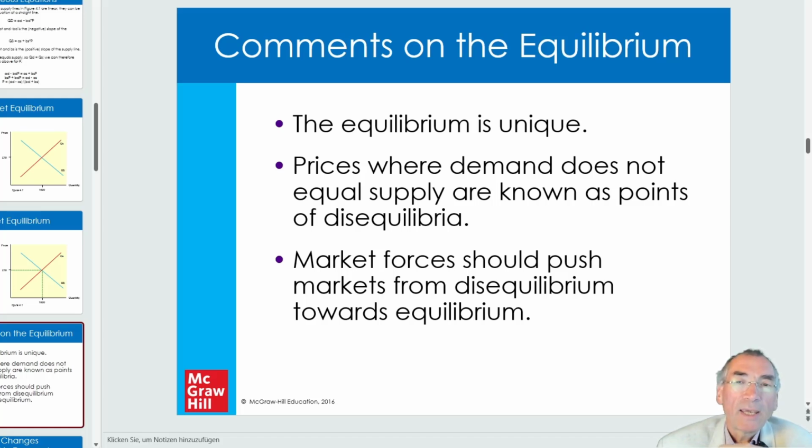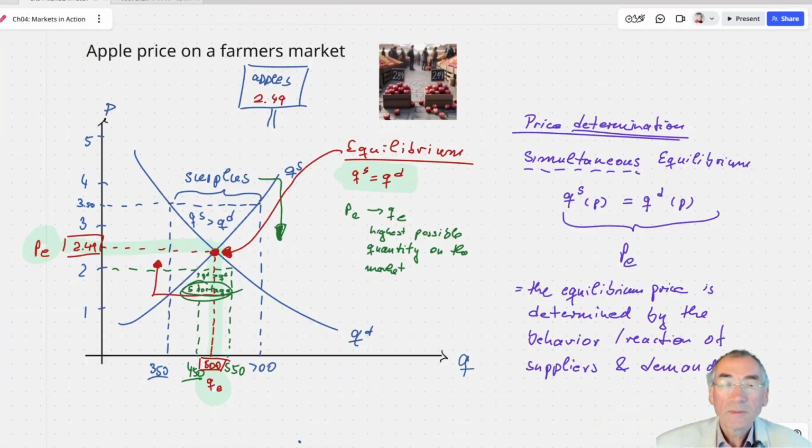In a simultaneous way, the quantity supplied and the quantity demanded both react on prices, but the prices are set in the simultaneous process of supply and demand. Let's keep this in mind. That is a reason that we could now write price as a function of quantity, as price is determined by quantity, whereas quantity supplied and quantity demanded are determined by the price themselves.